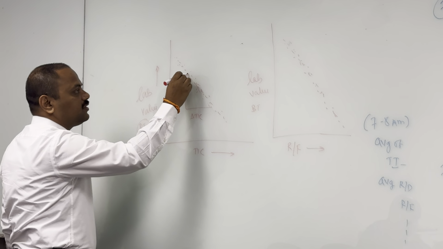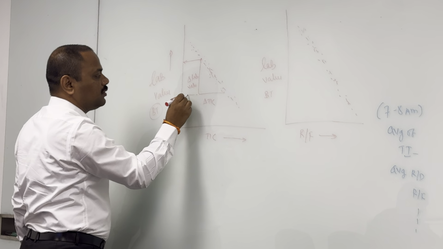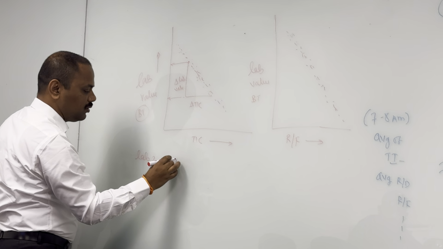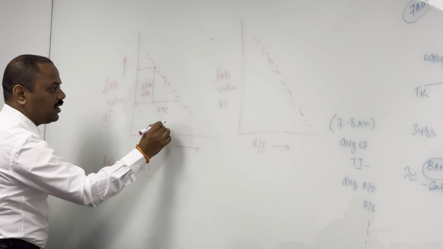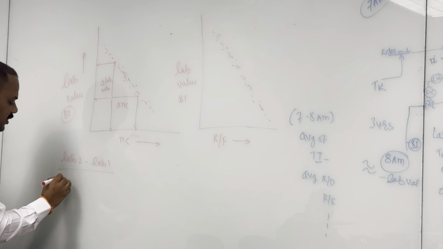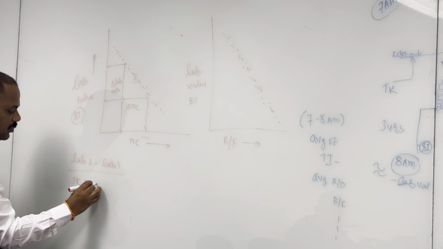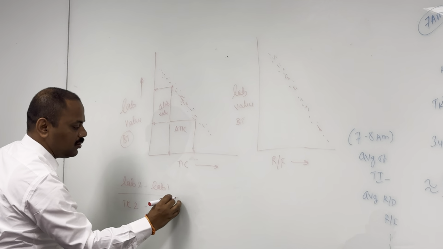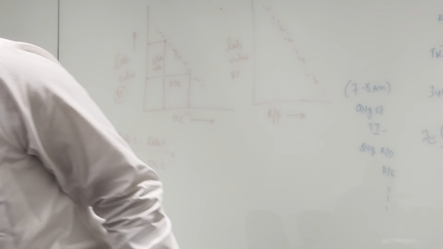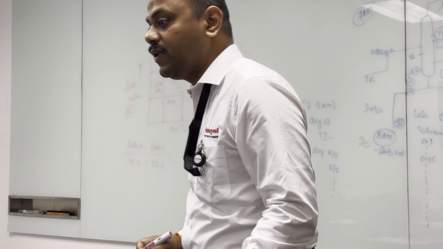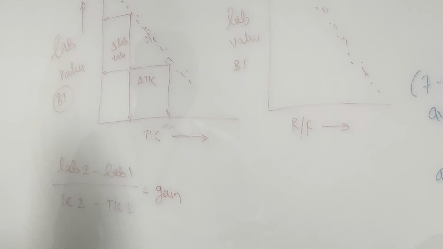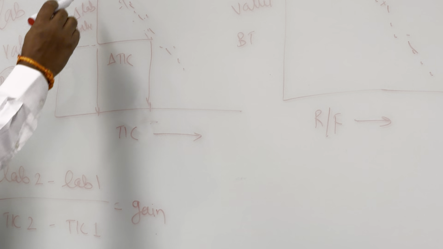We calculate this ratio. Let's say we take this value and this value. So lab 2 minus lab 1, divided by TIC2 minus TIC1, and we get that value. This we call gain.